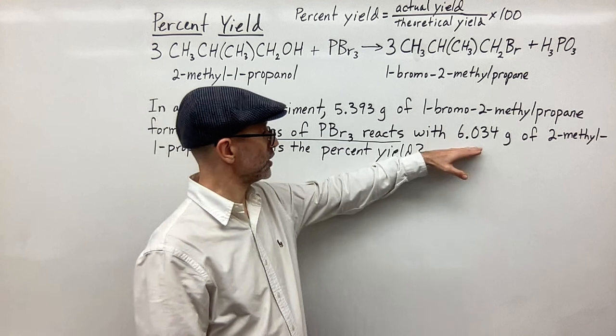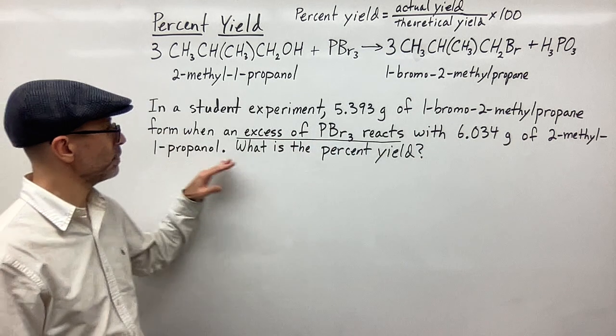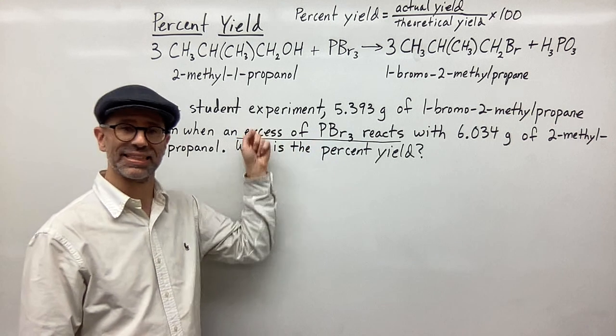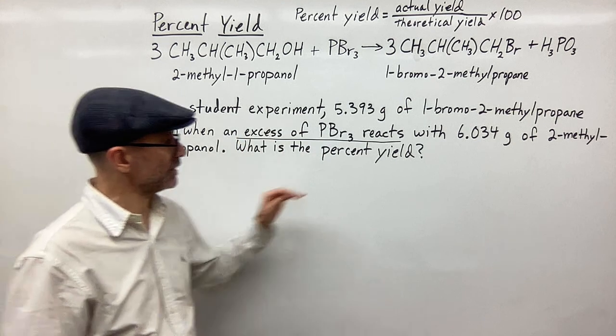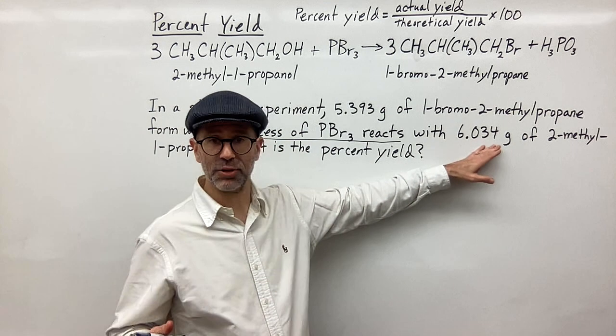It's the 6.034 grams of the 2-methyl-1-propanol. Why? Because the PBr3, they already said that's in excess, and they don't give us an amount of it. So the only amount we have to deal with is this one. This is the limiting reagent. We don't have to figure out what the limiting reagent is.